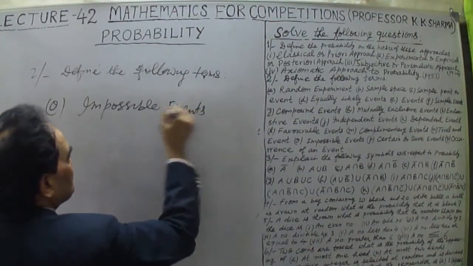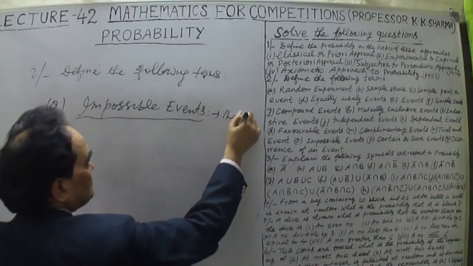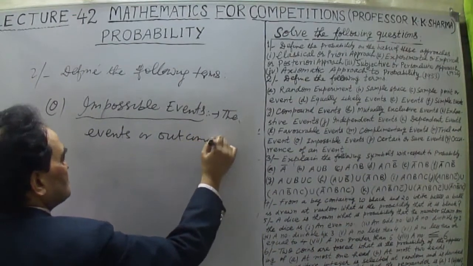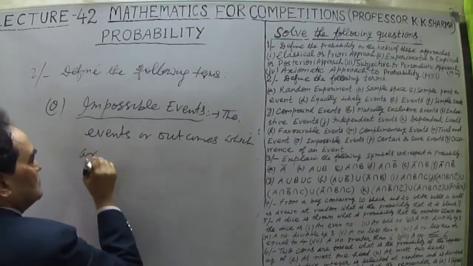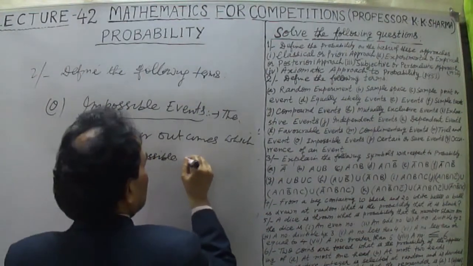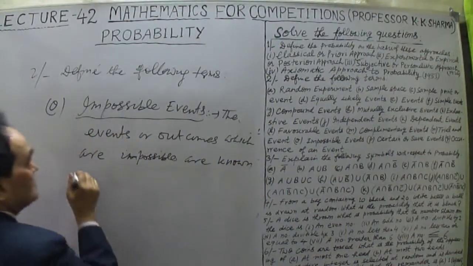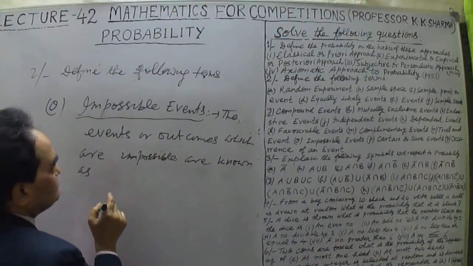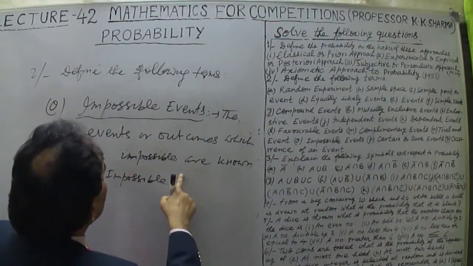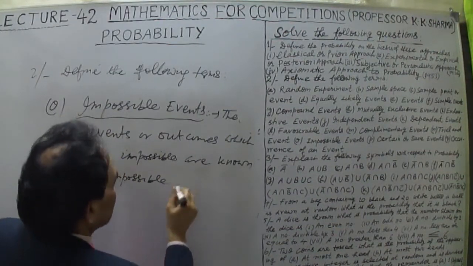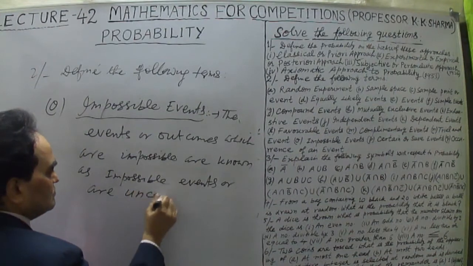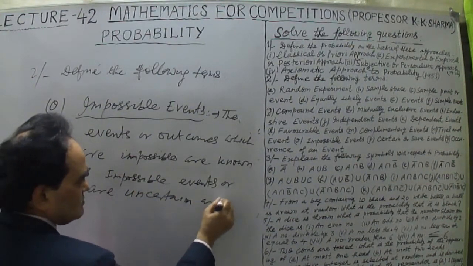The events or outcomes which are impossible are known as impossible events, or uncertain, which cannot happen, are impossible events.